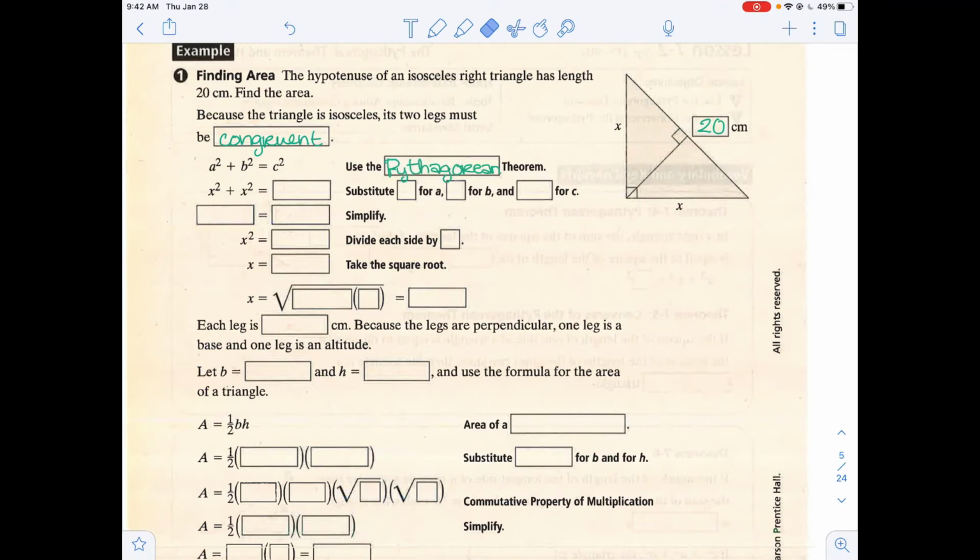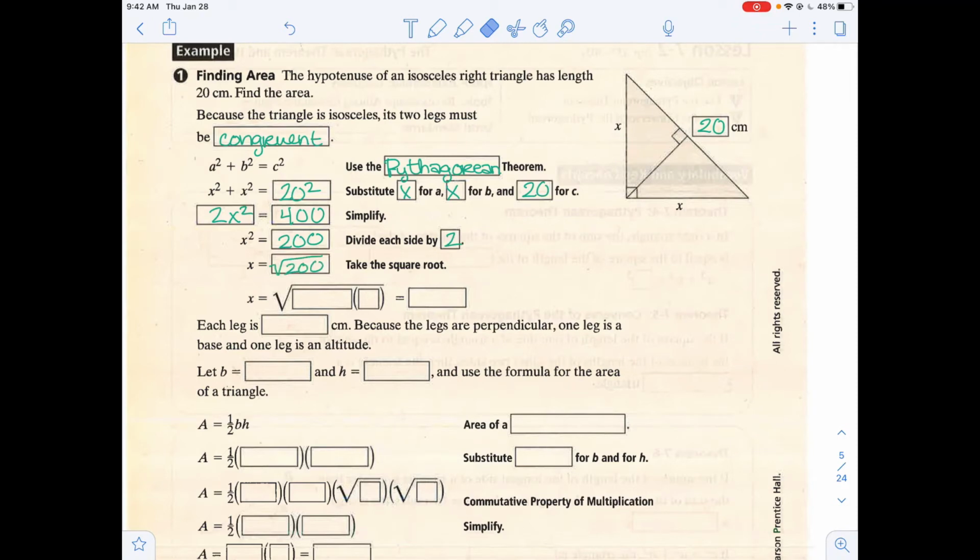Since the two sides are exactly the same, we can substitute x for a and b and 20 for c. So x squared plus x squared is 2x squared, and 20 squared is 400. Then if we divide each side by 2, x squared equals 200.